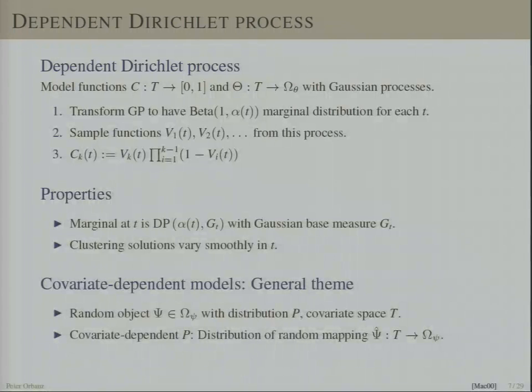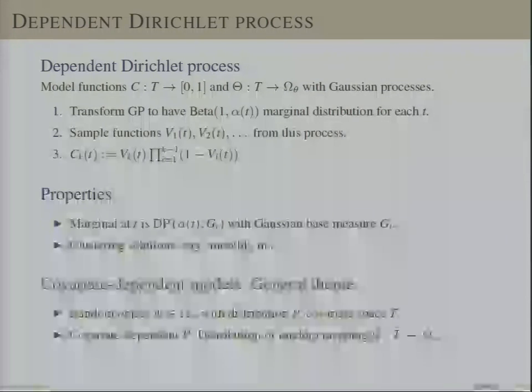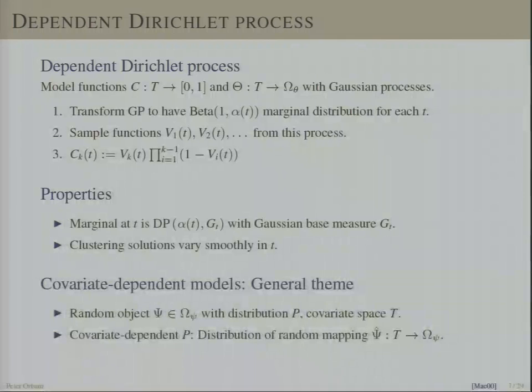What is the distribution of that function value? The function is random, so that is a random variable. What is the distribution? It's a Gaussian, because it's a Gaussian process, right? But a Gaussian is a distribution on the real line. And what we want here is something that is in 0, 1, right?